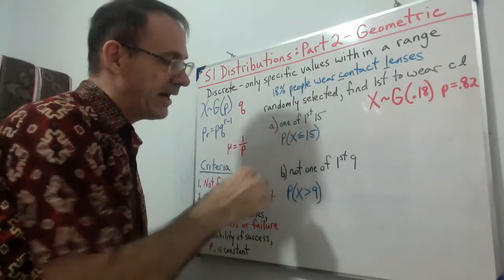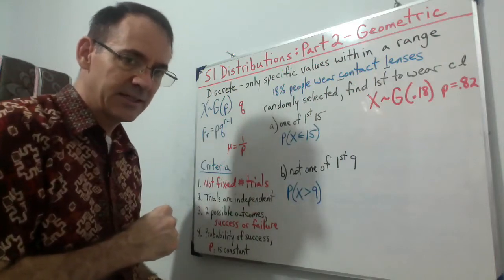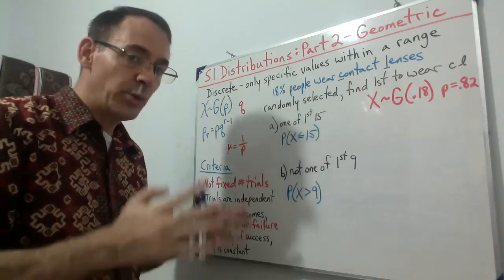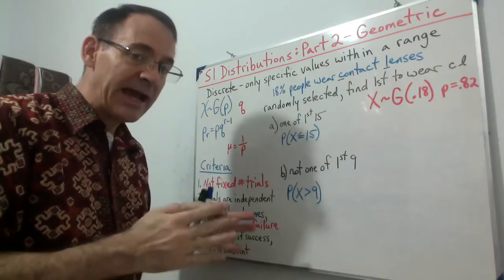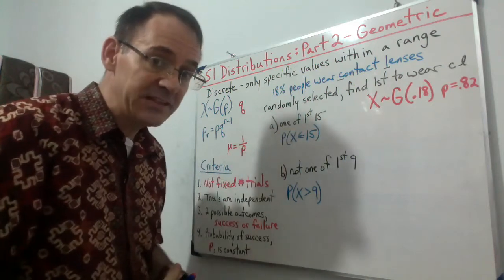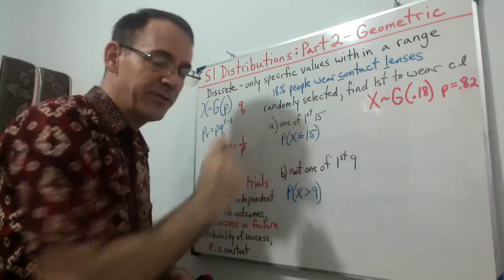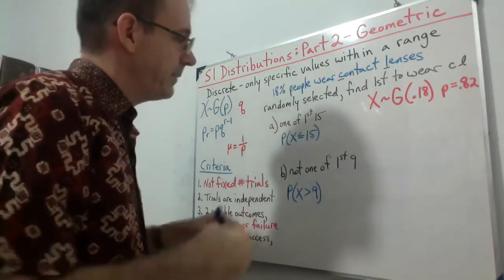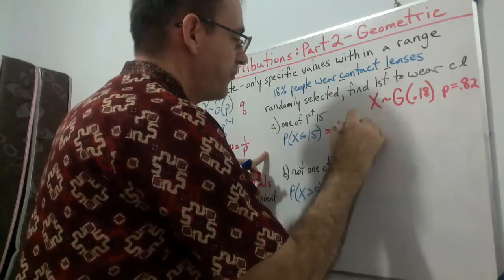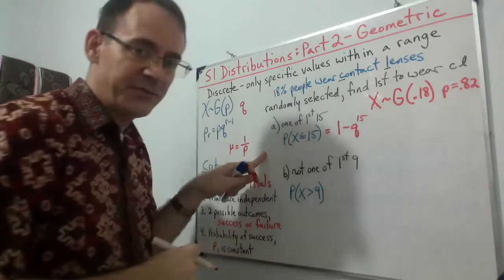If we want to find out that there is a probability of success somewhere in the first 15, that means we can't have all failures 15 times, right? If there has to be a success somewhere in the first 15, then that means we cannot fail 15 times.